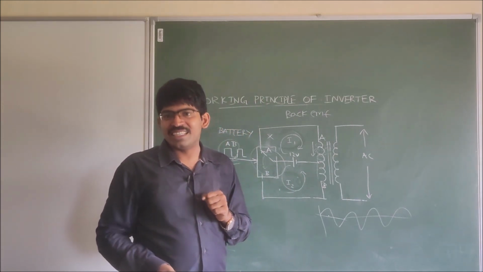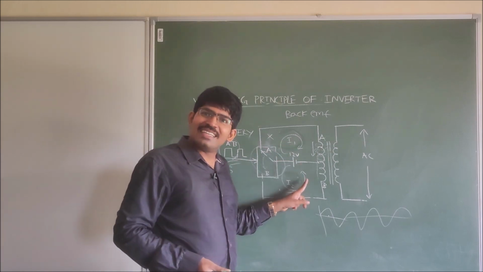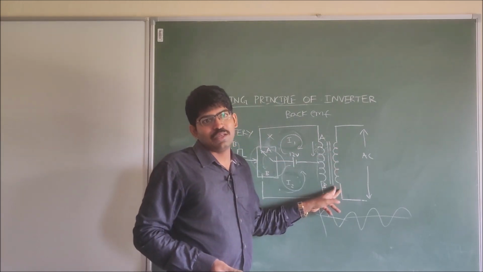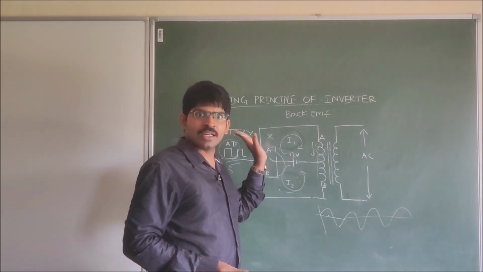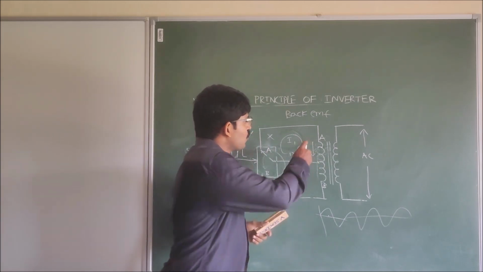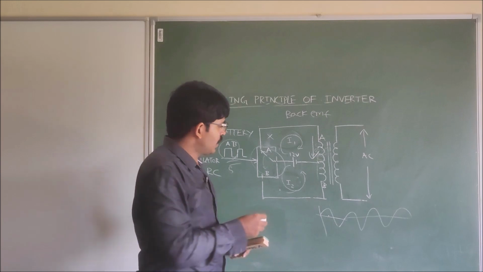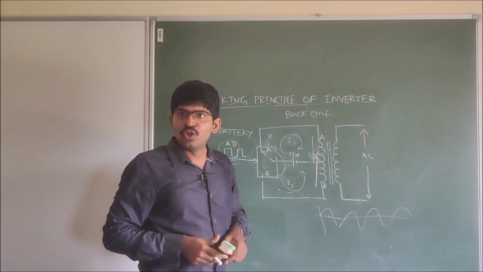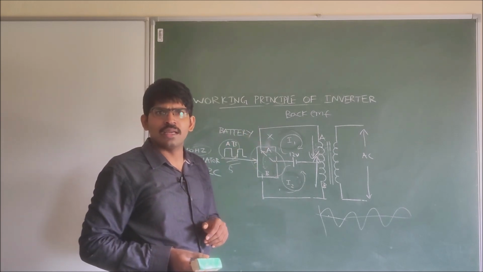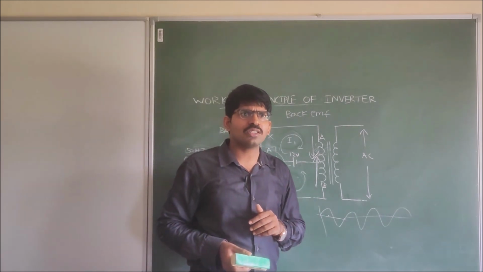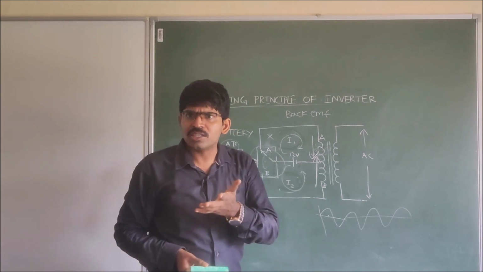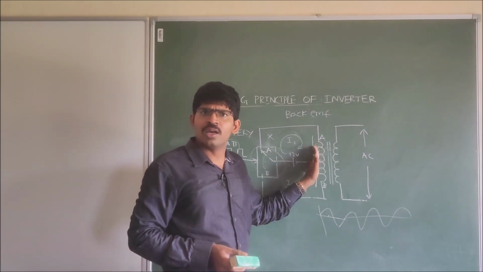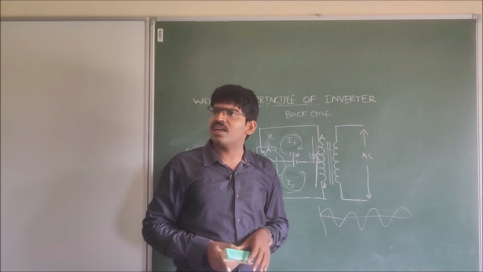Because of that change, the current is changing in the inductor every time. If the switch is connected to A, current is flowing in this direction. If the switch is connected to B, current is flowing in this direction through the inductor. Inductor does not allow sudden changes in the current. Just now current was flowing in this direction, and now suddenly you are changing the current direction.